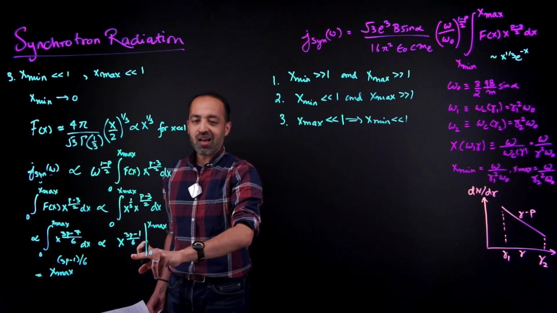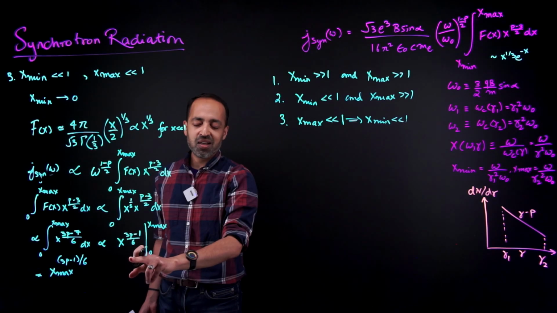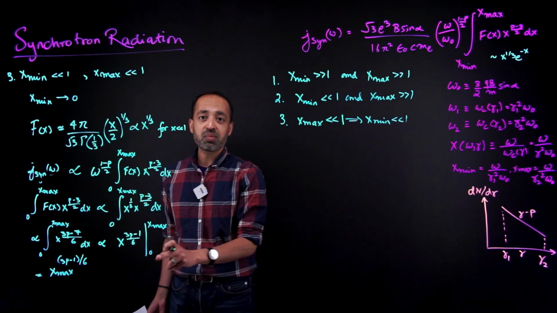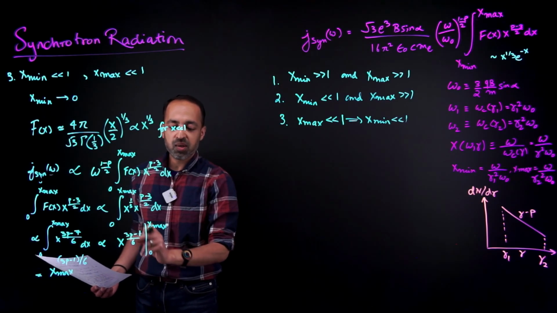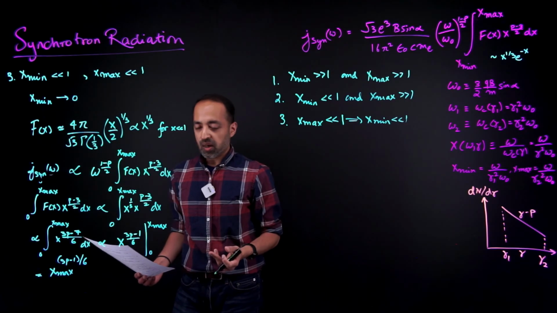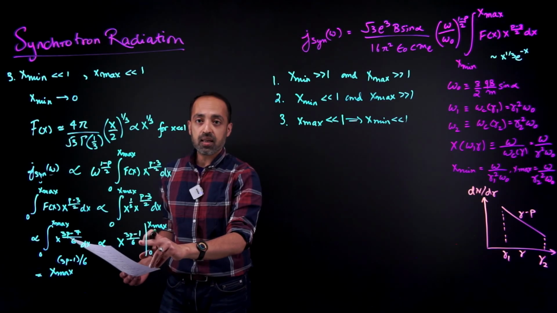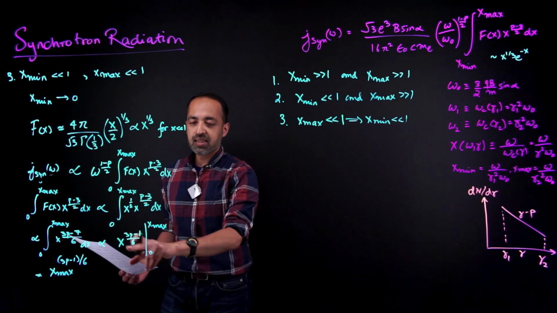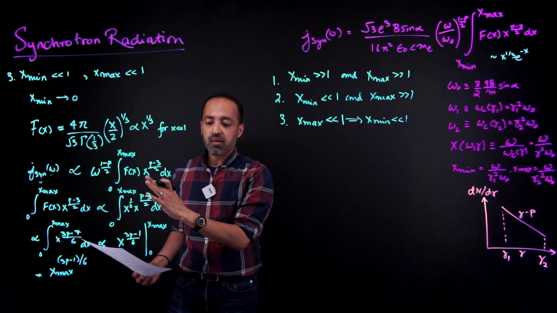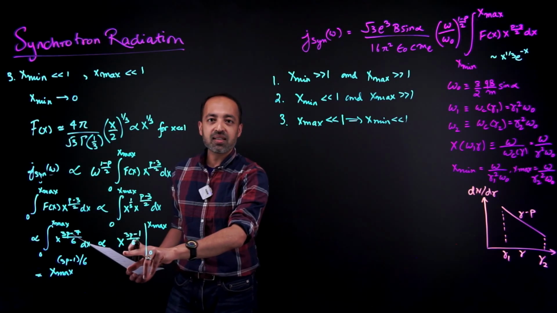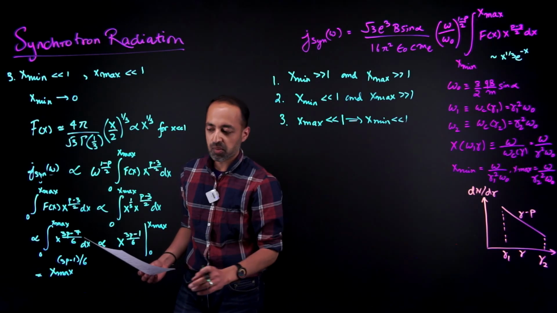And of course, now this only works if when x goes to 0, this thing goes to 0. Right? Because if x goes to 0 and this thing does not go to 0, and if it blows up, then you have a problem. And so you will note that that requires this power of 3p minus 1 over 6 to be greater than 0. If this power law is less than 0, then this goes up as you get to smaller and smaller values of x, and you can no longer remove the other boundary term.